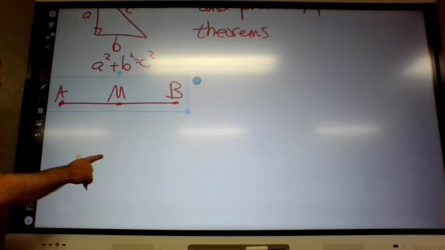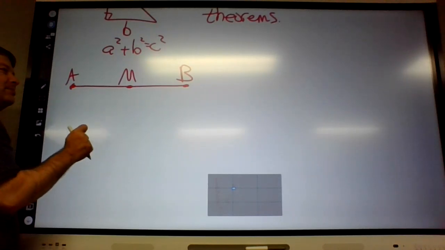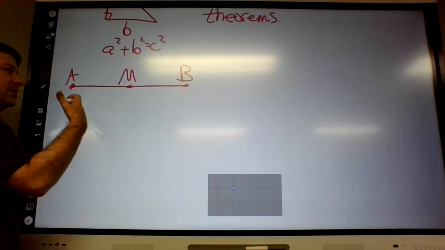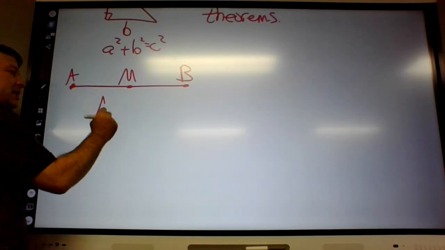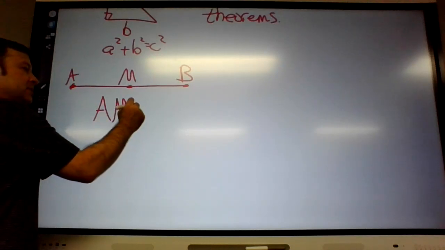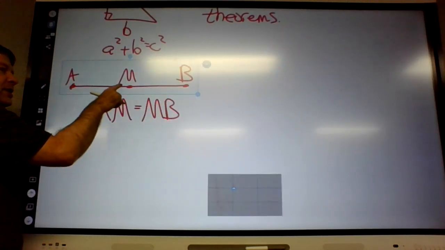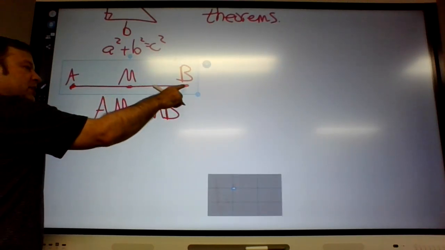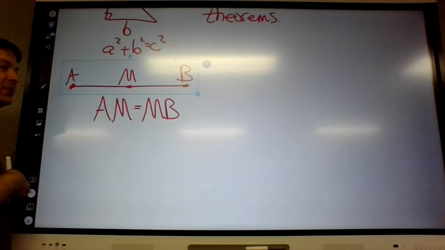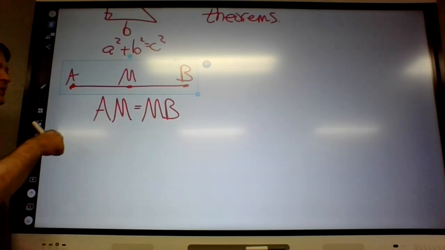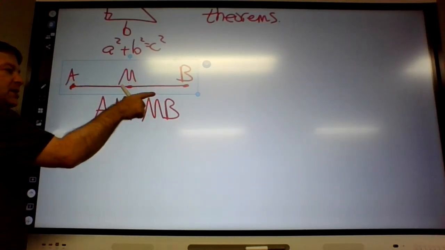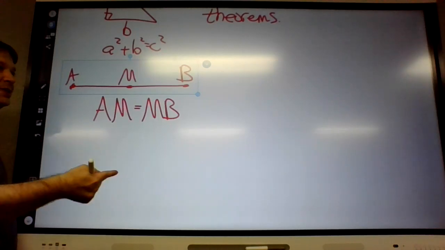It's the middle. And how could we say that more definitively, with a better definition? It's that AM equals MB. In other words, the length from A to M would be the length from M to B if M is the midpoint. Does that make sense? If it's right in the middle, these two are the same, right? That would be the definition of a midpoint.